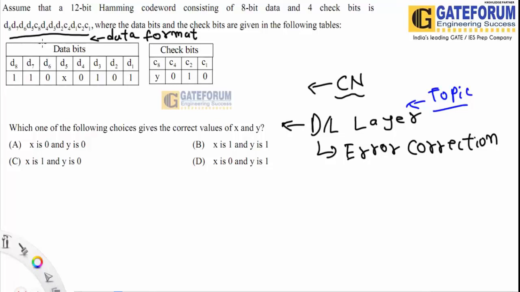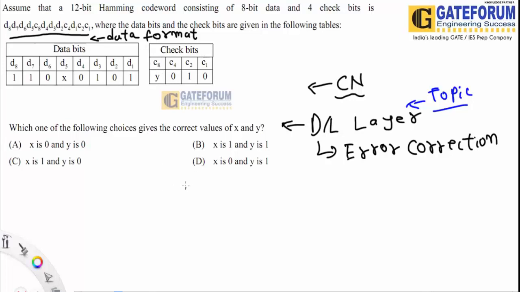As you might know, whenever we are given a question related to the Hamming code, the format is always very important. Here, the check bits are those bits in which we calculate the value over each particular data position in the corresponding format.